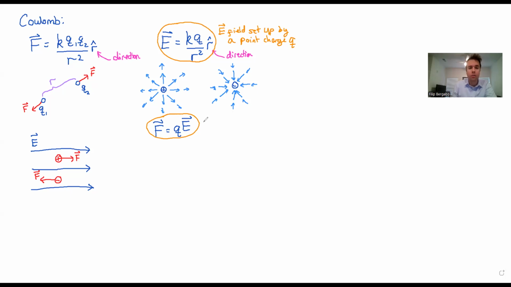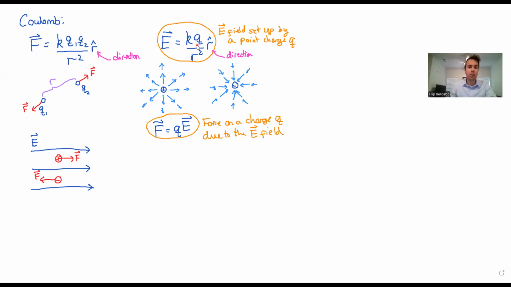This one tells you the force on a charge Q due to the electric field. So I point this out because in general, when you're working problems, these may not be the same Q's, right?